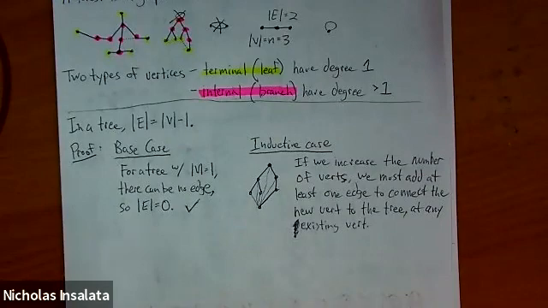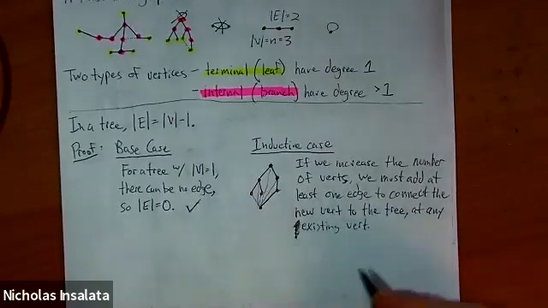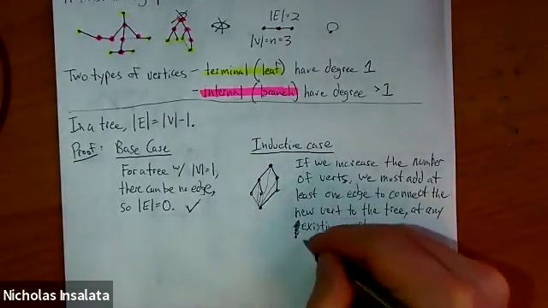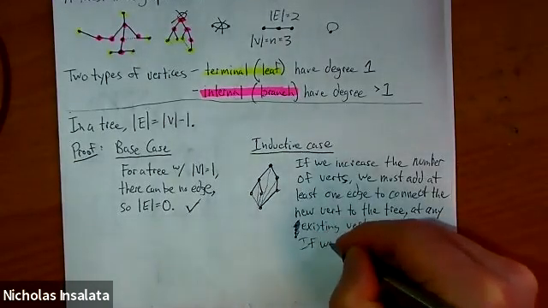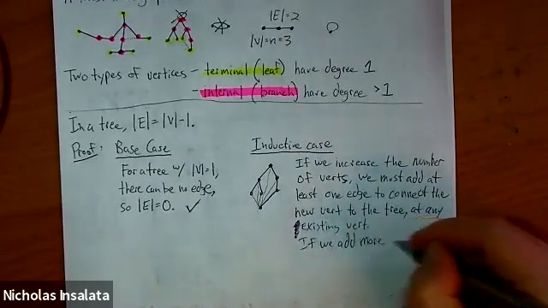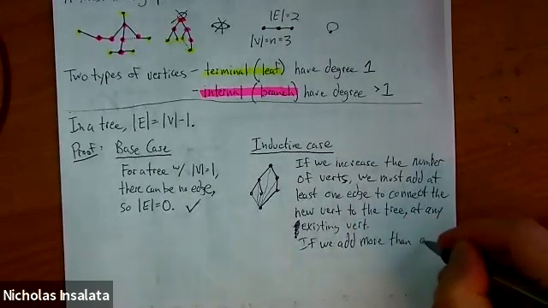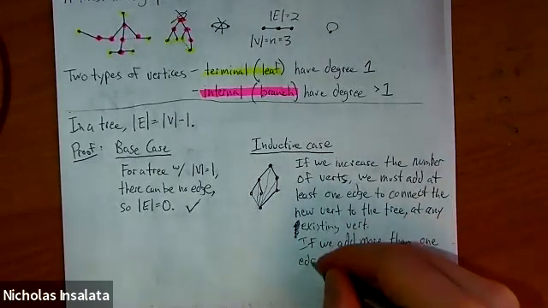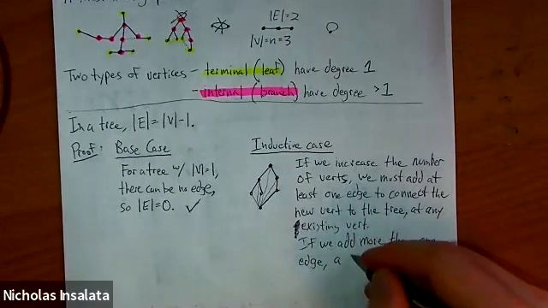Because otherwise we would make a circuit. So if we add more than one edge, a circuit will be formed.